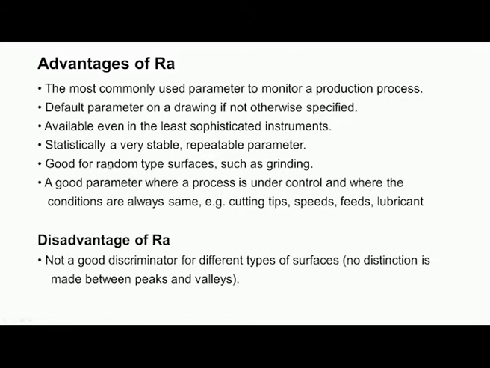It is very good for random types of surfaces such as ground surfaces. It is a good parameter where a process is under control and the conditions are always the same, like cutting tips, speeds, and feeds, then this parameter is better to use.